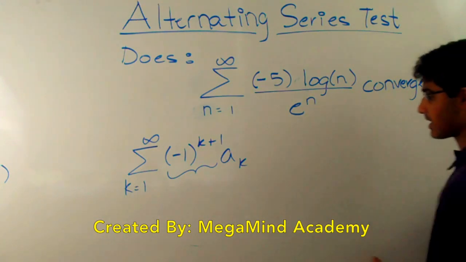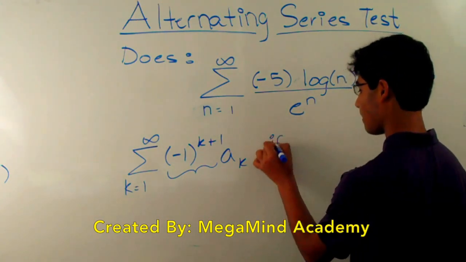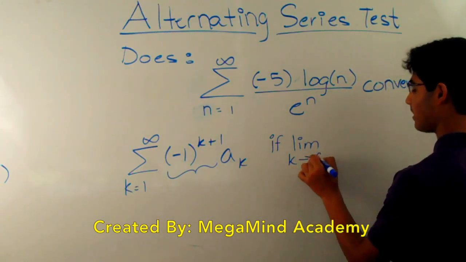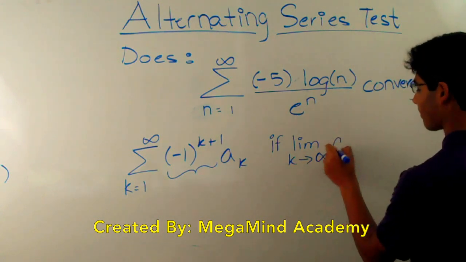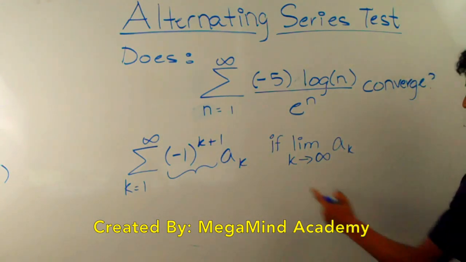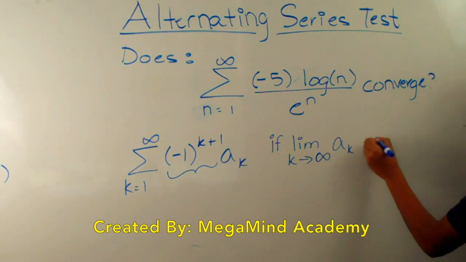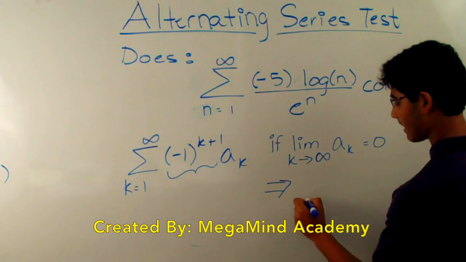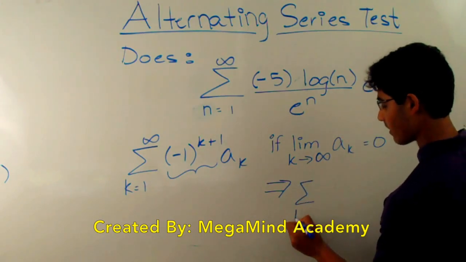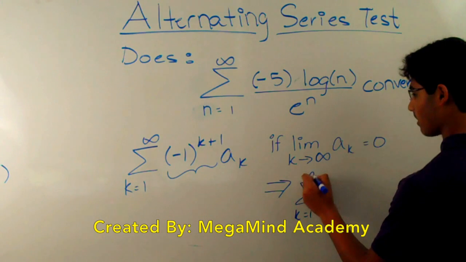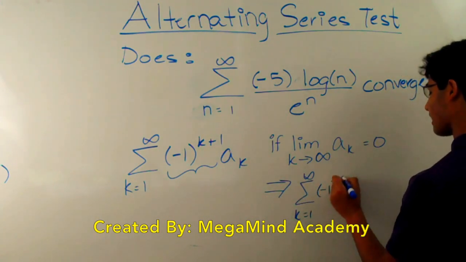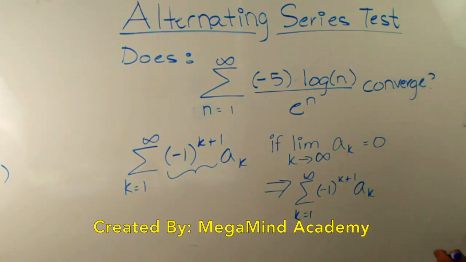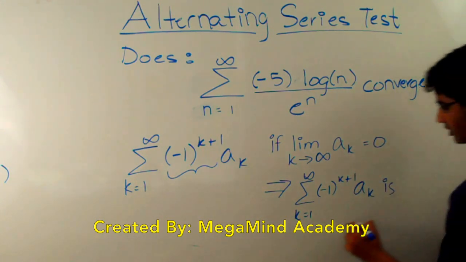So it is sufficient to say that if the limit as k approaches infinity of a of k is equal to 0, then that implies that the series from k equals 1 to infinity of -1 to the power of k plus 1 times a sub k is convergent.